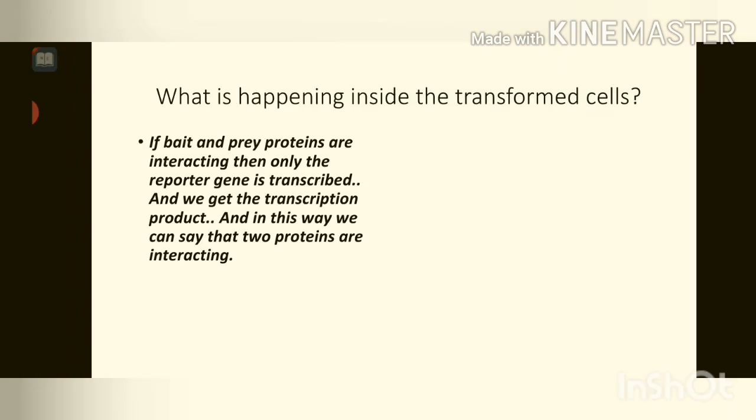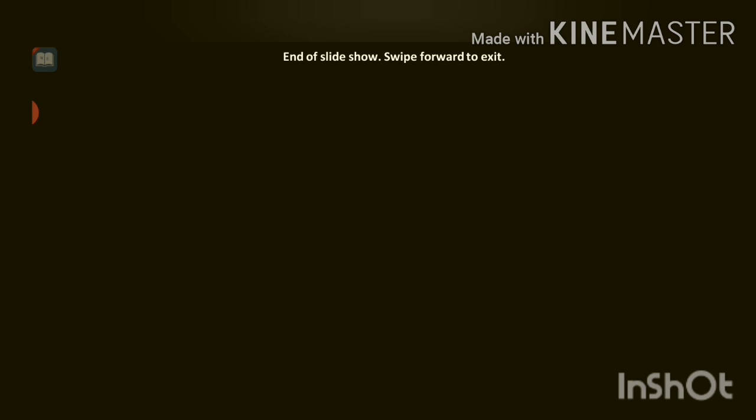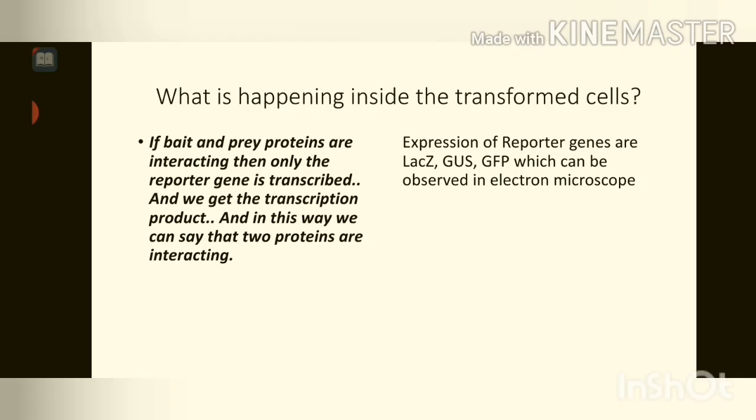Okay, and this way we can say that two proteins are interacting. We can observe the expression of the reporter gene through an electron microscope. Also, there is another process to observe the expression of the reporter gene. What is that process?